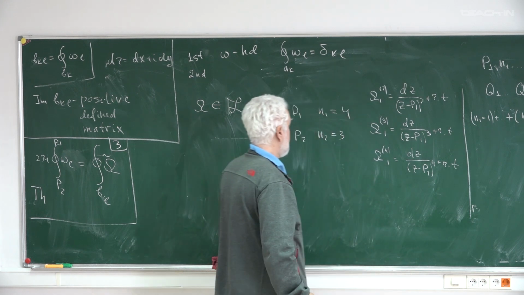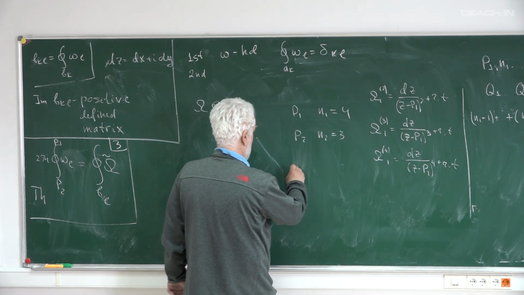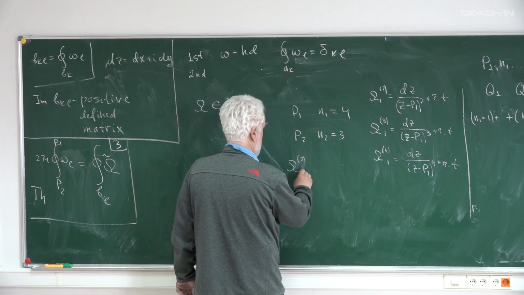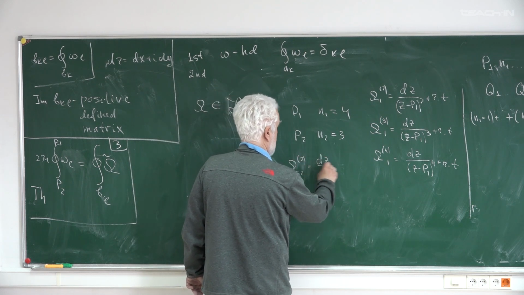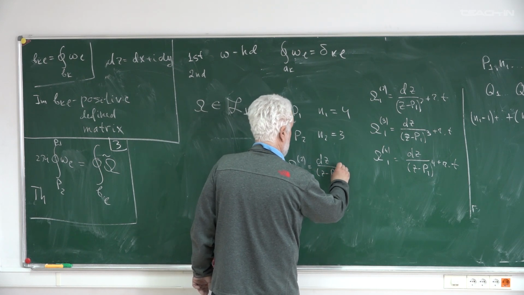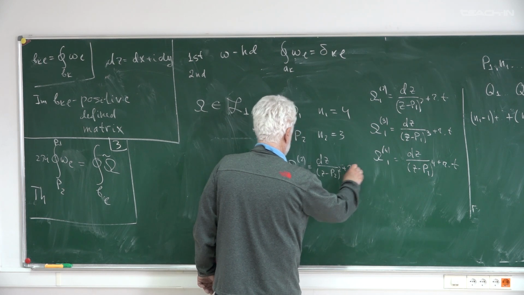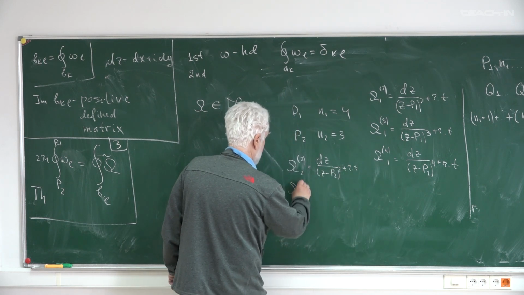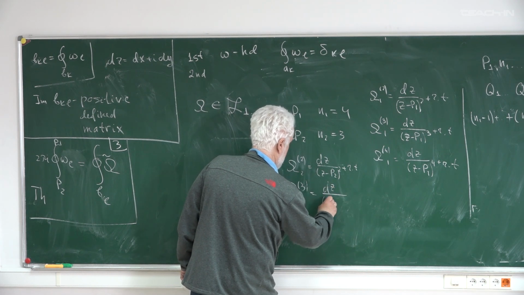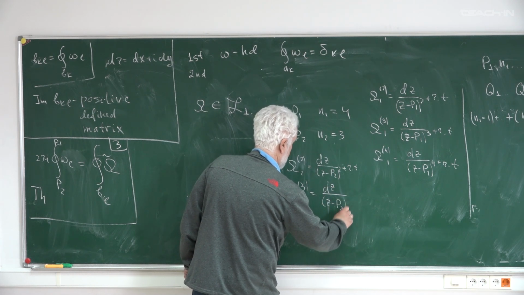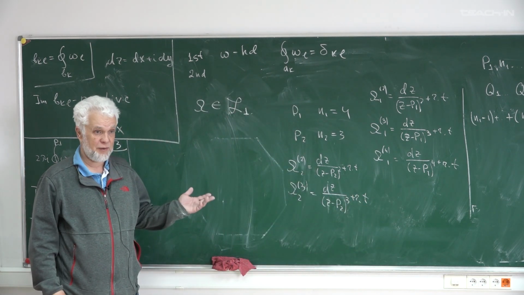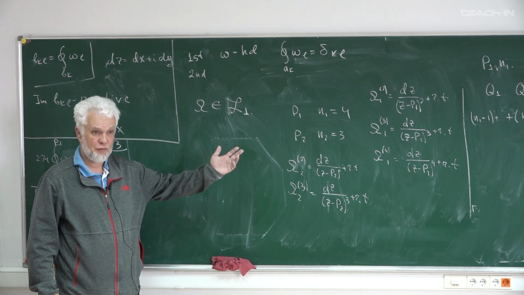Regular terms. Also we have omega 2,3, which is dz over (z minus p_2) cubed plus regular terms. So you have a 5-dimensional space, all linear combinations of these differentials.